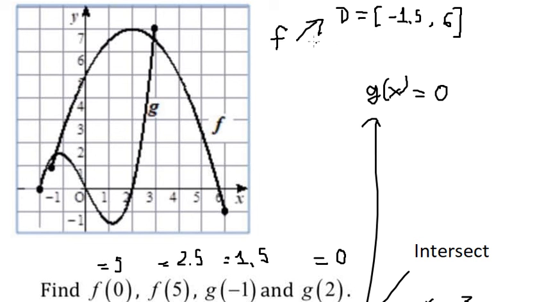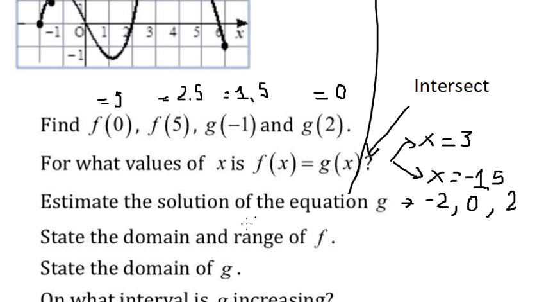About the range, we see that the lowest is about negative 1, and the highest is about 7. So the range is from negative 1 to positive 7. And we just finished this question.